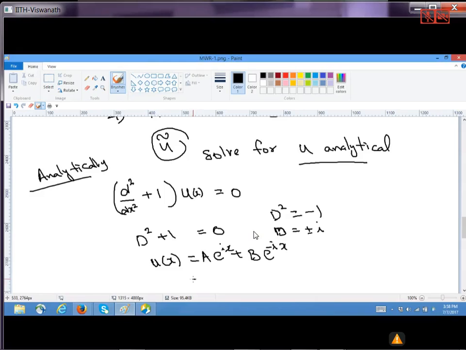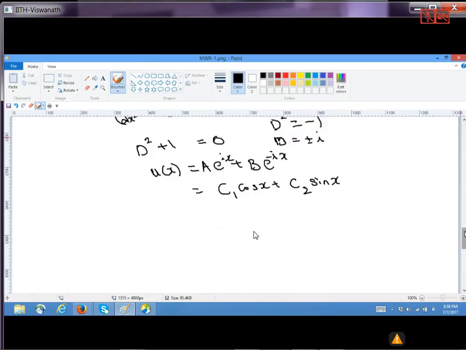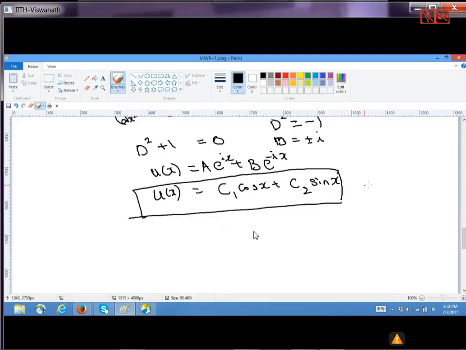I can as well write this in terms of cosines, u of x equals c1 cos x plus c2 sin x. Whichever form you write, this is our general solution.